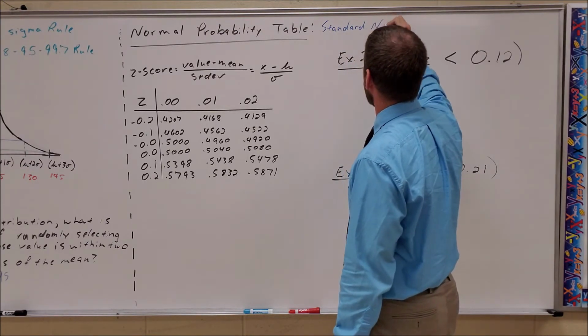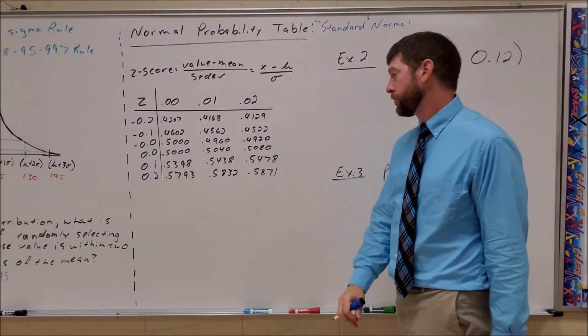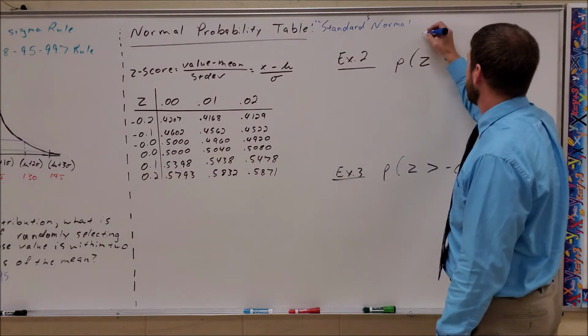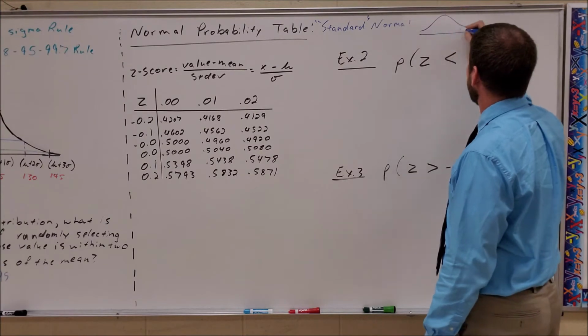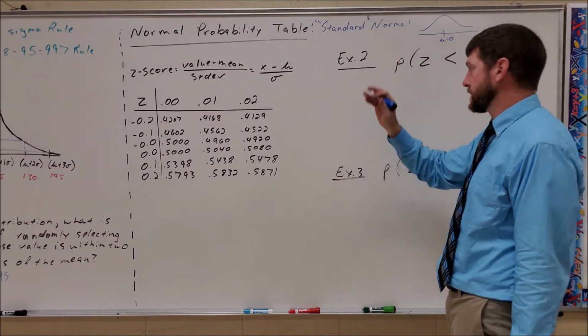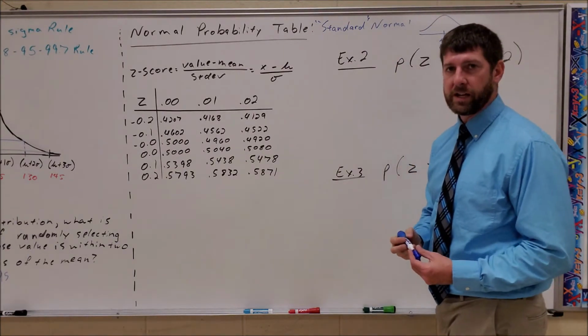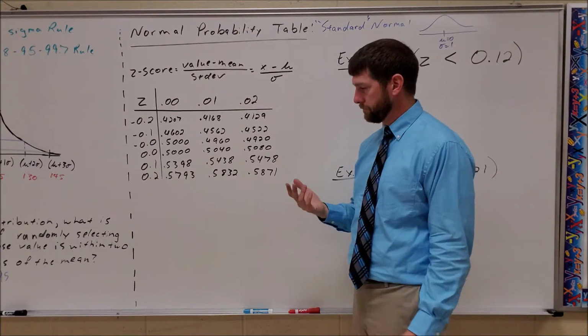If we see the words standard normal, that means you're dealing with a probability curve that has a mean of 0, so the center point is 0, and a standard deviation of 1. Mean of 0 and standard deviation of 1.